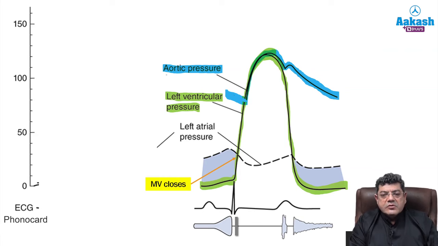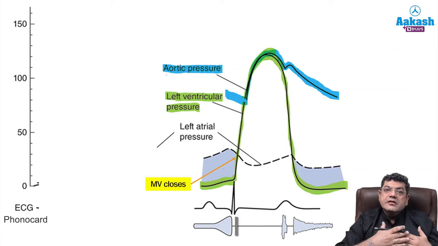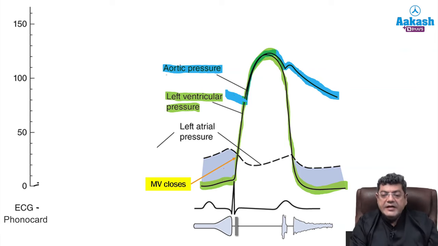So the mitral valve closes, and just before it closes, the atrium contracts, which it normally does as well. Only thing is that the left atrial to left ventricular pressure gradient is higher, right? So the mitral valve closes here. You hear a loud S1 in early MS, right? This is the phase of isovolumic contraction.